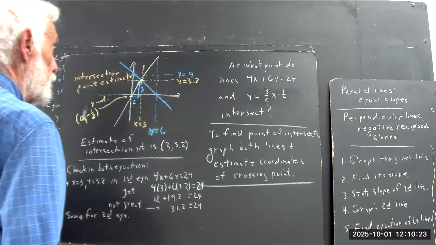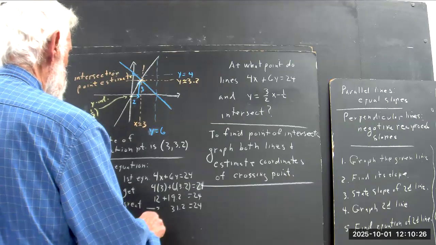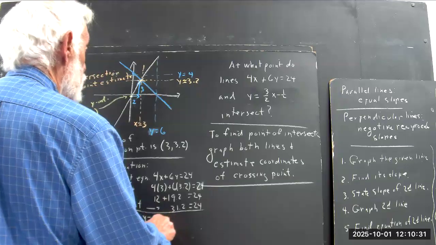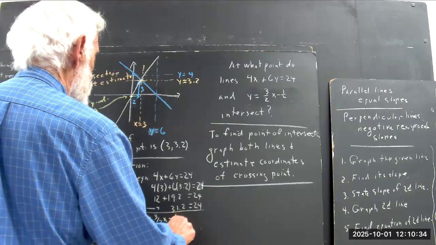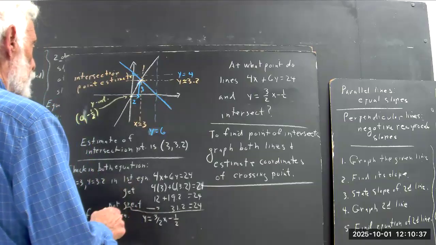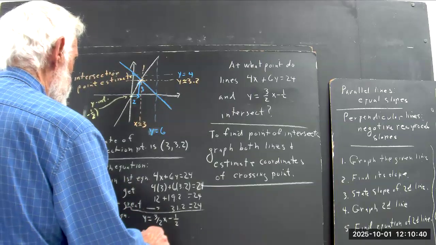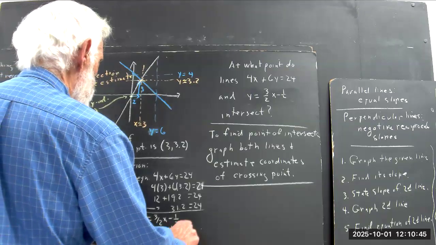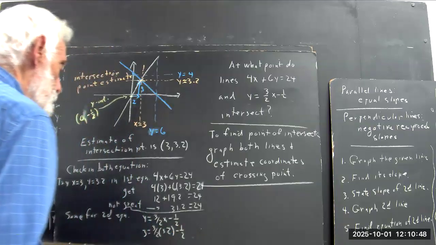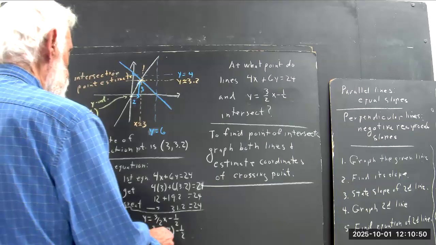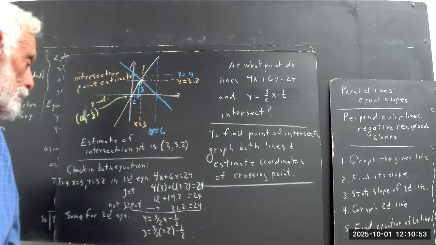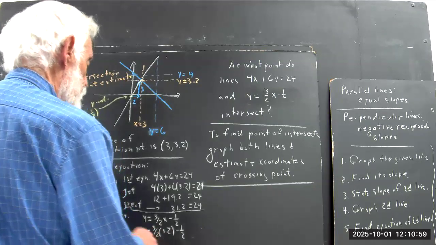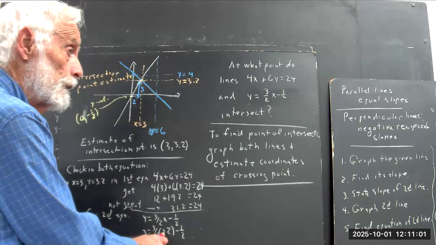Do the same for the second equation. It's y equals 3/2 x minus 1/2. We plug in 3 for x, we get 3 equals 3/2 of 3.2 minus 1/2. Well, 3/2 of 3.2 is 4.8. I don't know if I can write that on the board and squeeze it in.